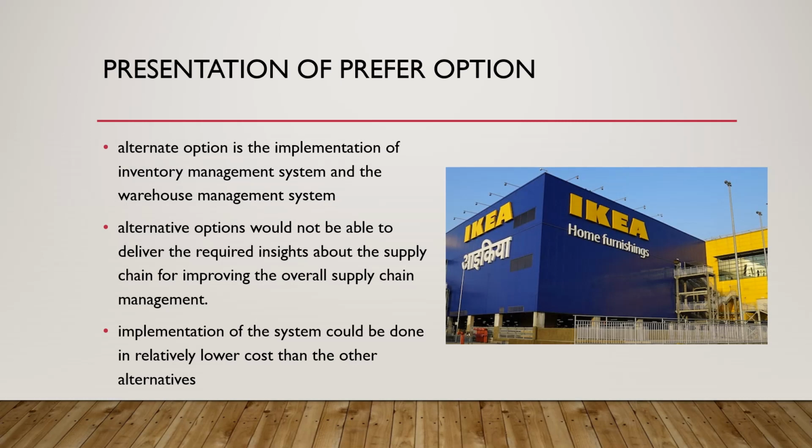The alternate option is the implementation of an inventory management system and a warehouse management system. Alternative options would not be able to deliver the required insights about the supply chain for improving the overall supply chain management. Implementation of the system could be done at relatively lower cost than the other alternatives.